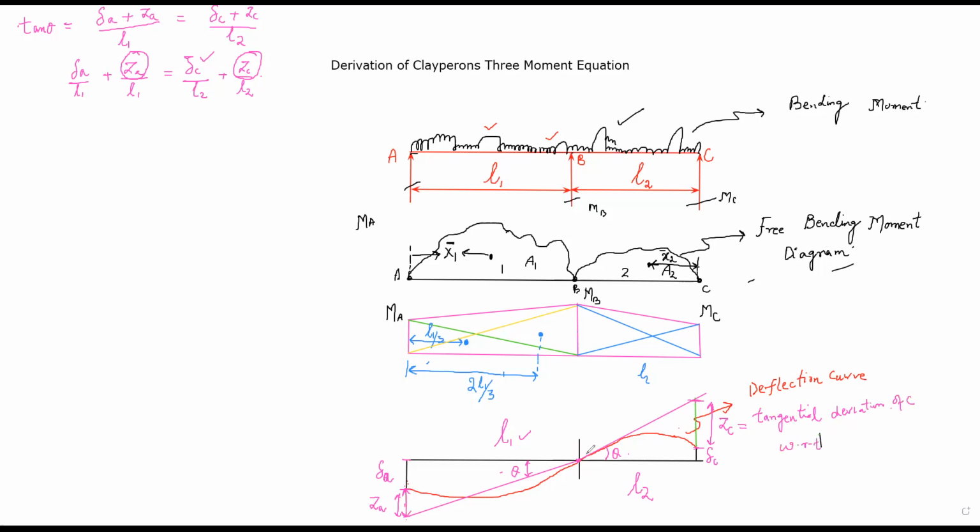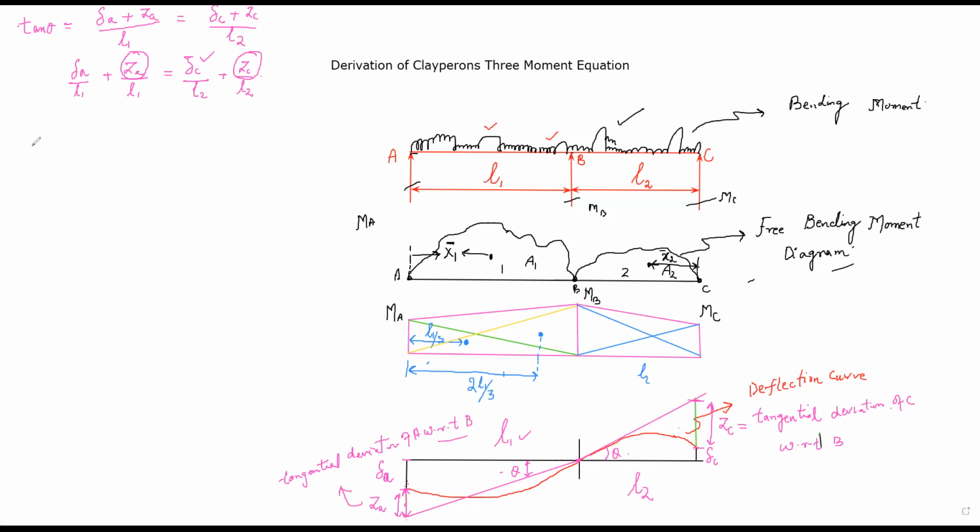Let me call the central point B. And if you look at this ZA, this is the tangential deviation of A with respect to the central point B. This is what we have been doing when we were deriving the second moment area theorem.